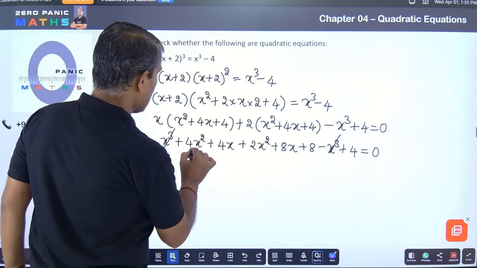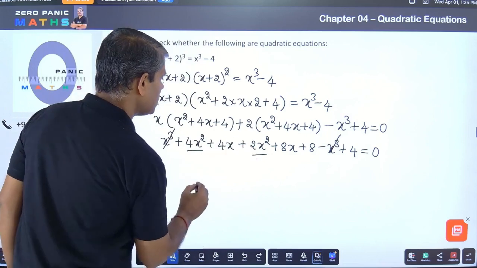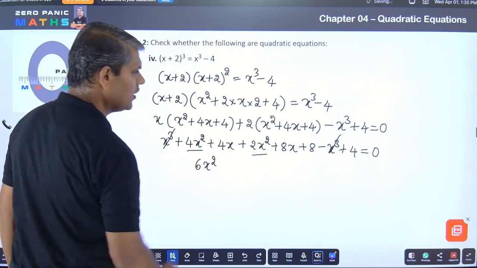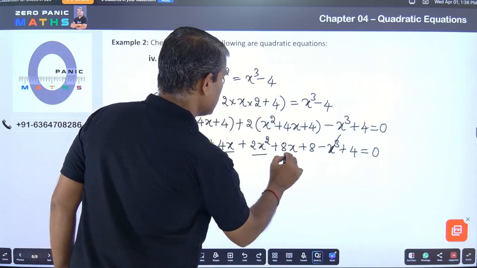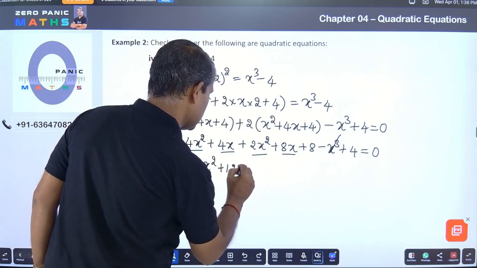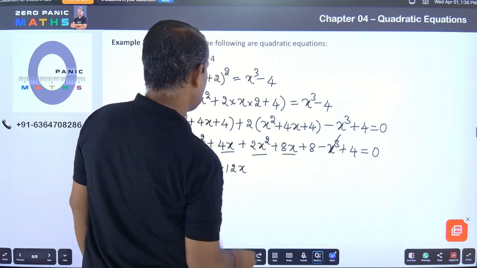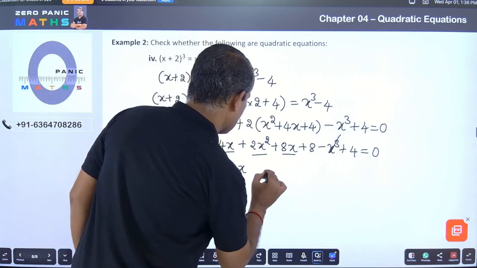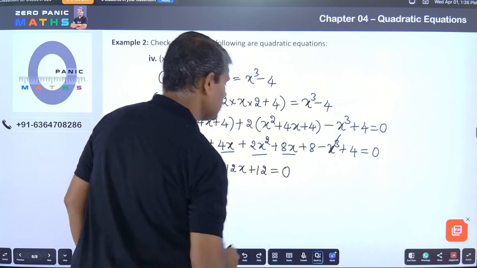So how many terms of x square are there? 4x square plus 2x square, that is 6x square, right? Any other terms with x square? No. And 4x plus 8x is 12x. Then 8 plus 4, the constant terms, is 12, equal to 0.